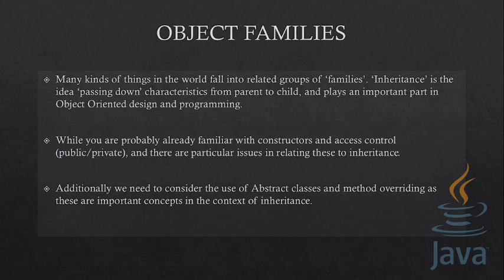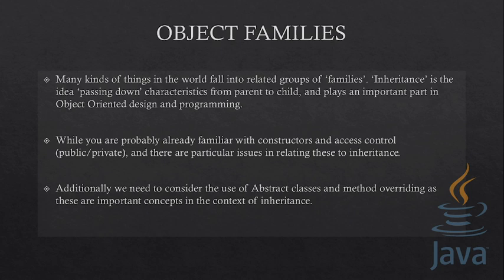Okay. So when we say inheritance, this is outside of OOP. When we inherit something, that is a characteristic being passed down from one generation to another. So from your parents, characteristics are going to be passed down to you.